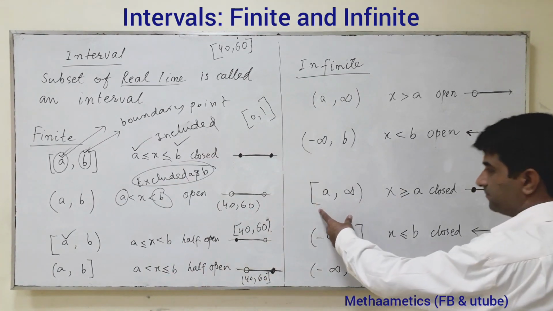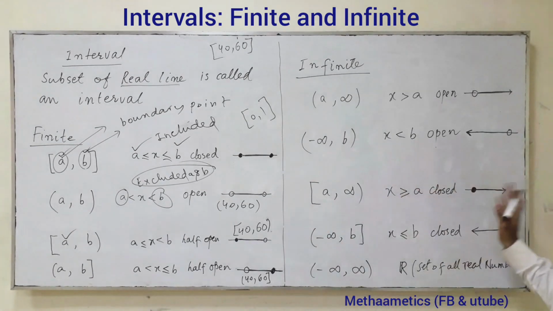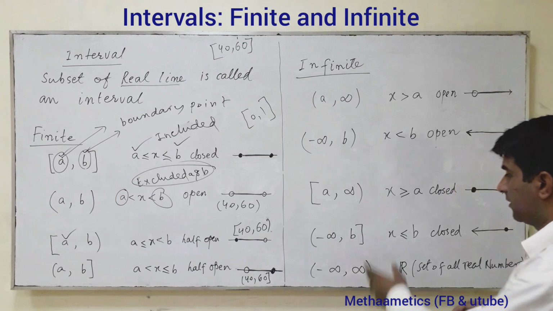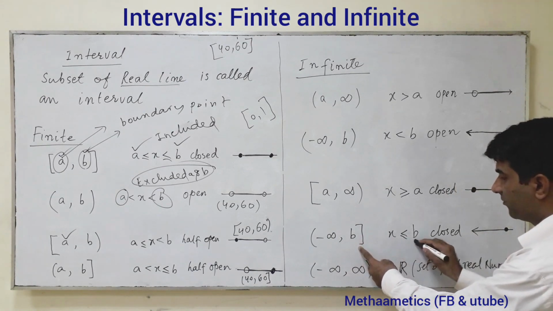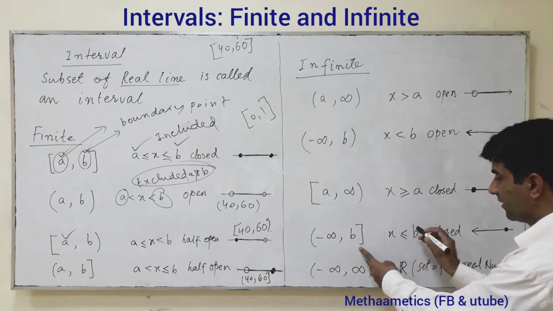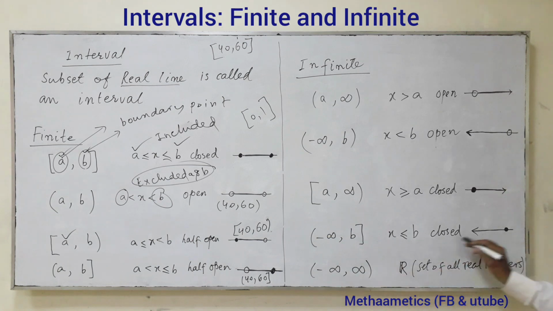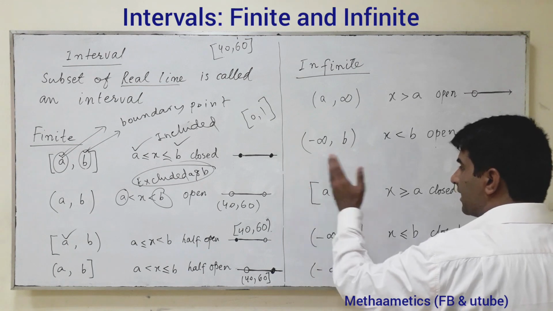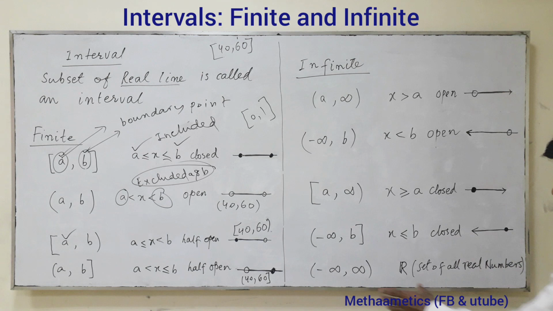And in this interval a is included, from a to no boundary. It is boundaryless, meaning up to any number. Here as well b is included itself, x is less than or equal to b, and all values less than b. This is closed because its boundary is closed.